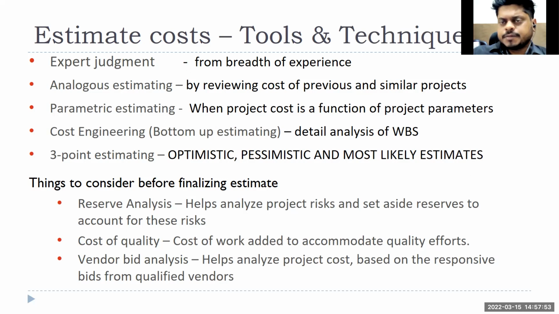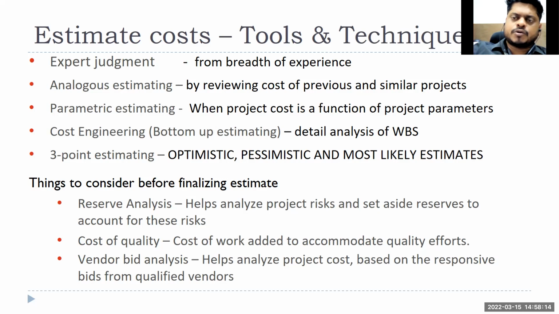And then 3 point estimating. For your task, rather than doing this cost engineering, we take only one cost for each task. But if I'm considering three types of cost, optimistic, pessimistic, and realistic, right? Then that will be 3 point estimating. But again, like I said, cost engineering itself is difficult.